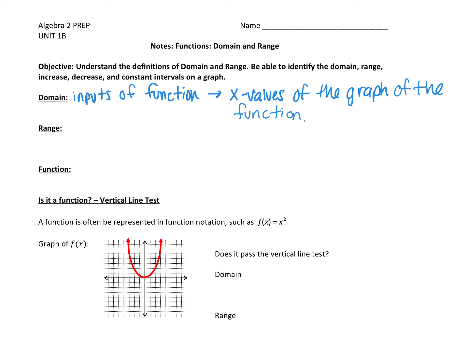Our range are our outputs of our function, and our outputs are our y values of the graph of the function.